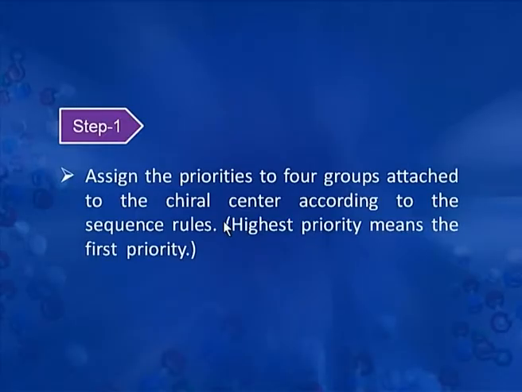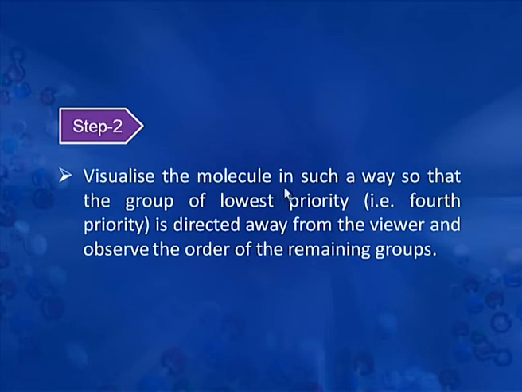Here we sometimes use the term highest priority. Actually, if there are 4 groups, we will give them priority 1, 2, 3 and 4. So priority 1 means the group that gets the highest priority. Then the second step is to visualize the molecule in such a way that the group of lowest priority, the group with the 4th priority, is directed away from the viewer, and observe the order of the remaining groups.